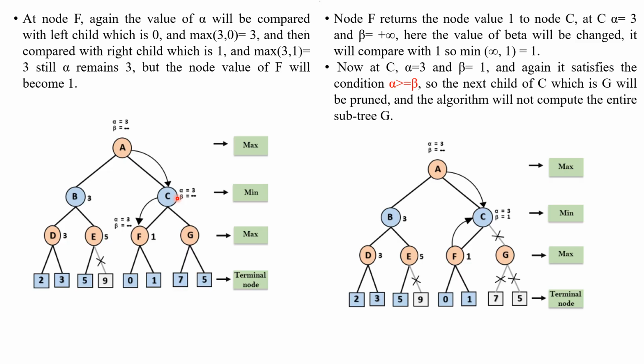The node value of C is 1, so beta is the minimum of 1 and infinity, which is 1. So alpha is 3 and beta is 1 for node C. Now alpha is greater than or equal to beta, so this path will be pruned.